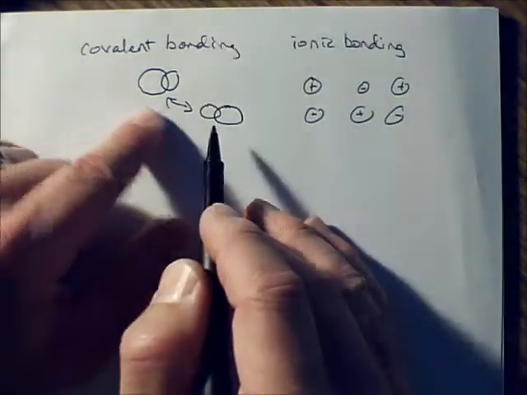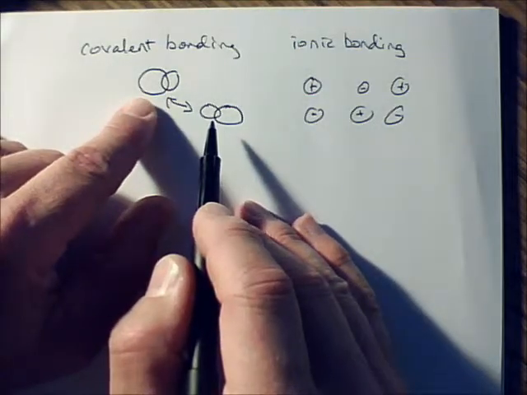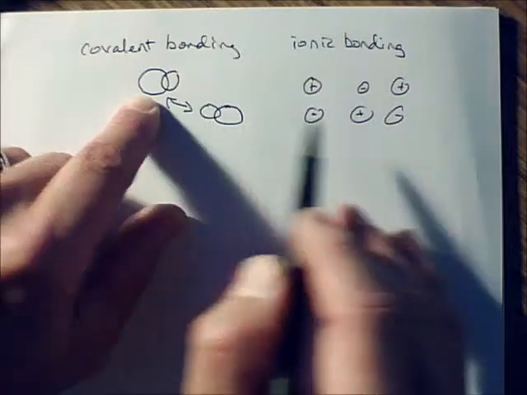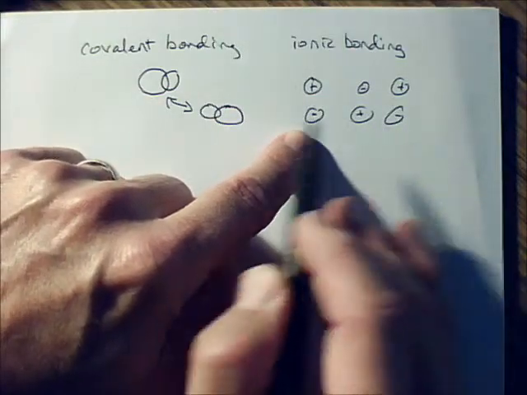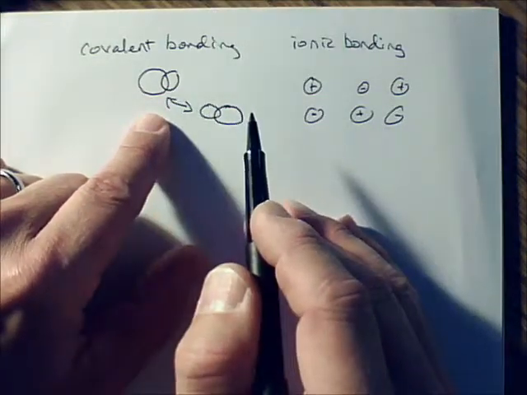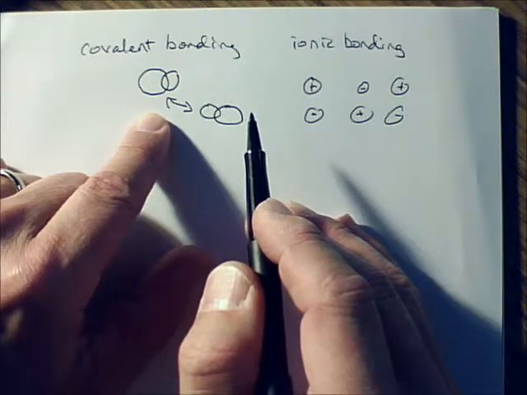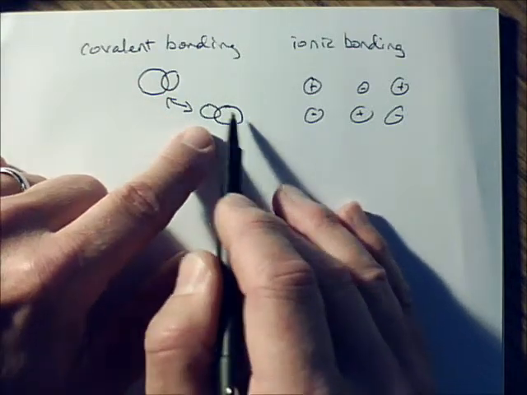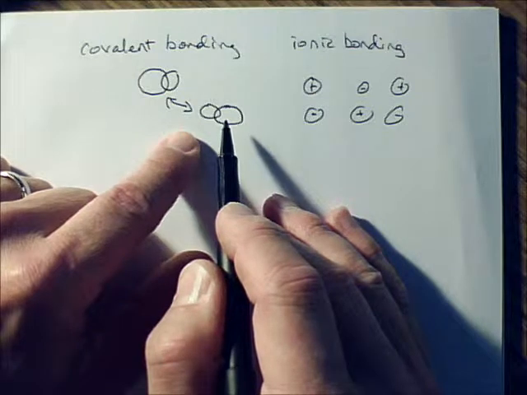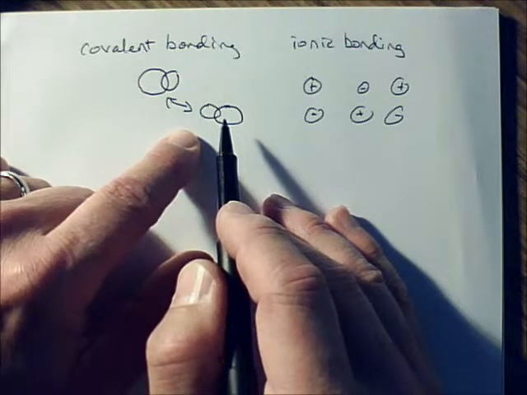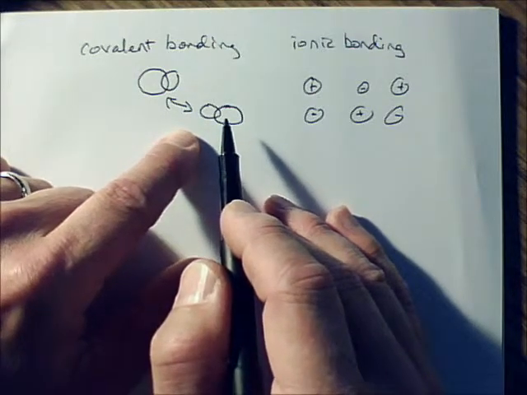The attractions between this molecule and this molecule are weaker by comparison, but nevertheless, they can do some pretty big things once we understand what they're doing. So it's not just a matter of it's weak, doesn't do much. It's weak, but when you get a lot of them together, they can do a whole lot.